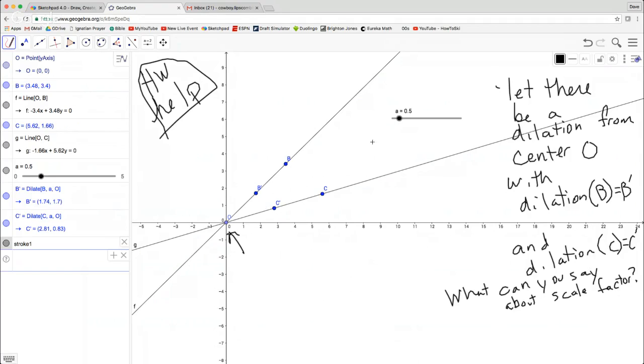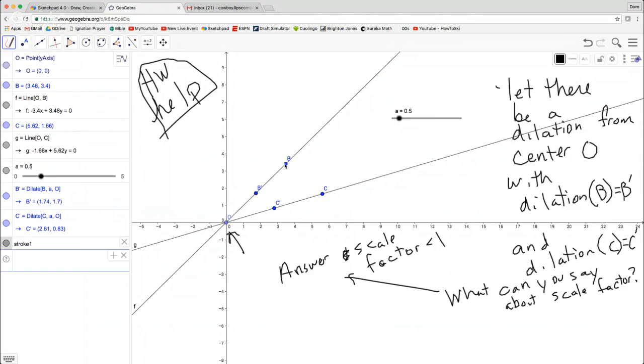Now the answer to the question is that the dilation factor, the scale factor, I'm going to use the word scale factor, is less than 1.